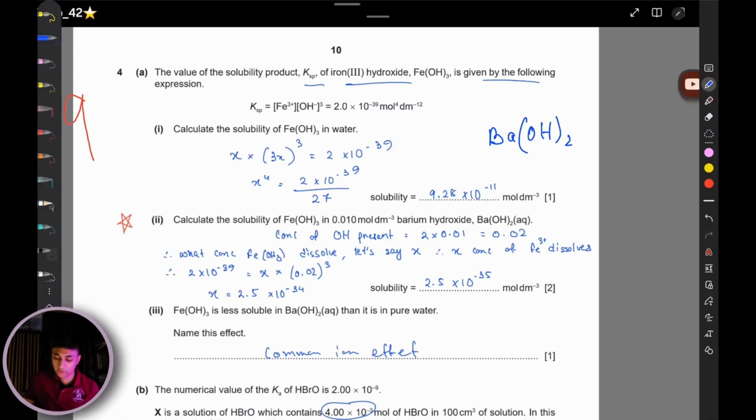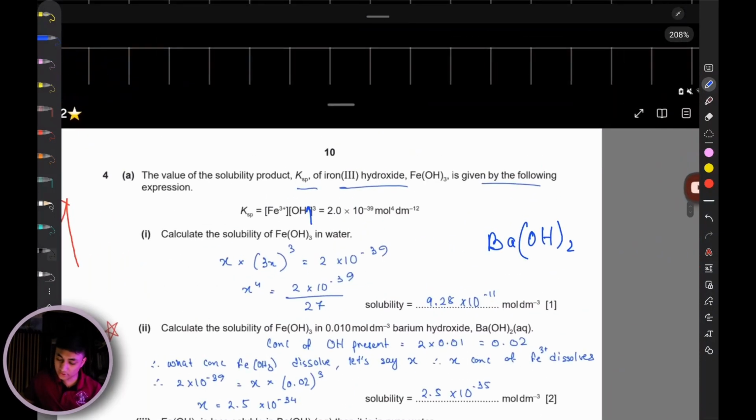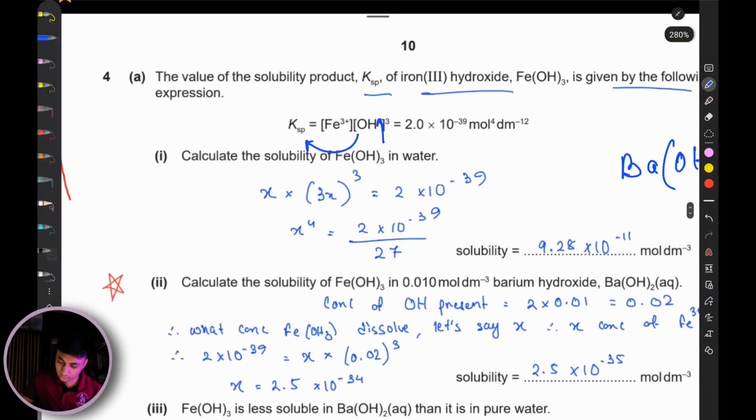Now, what do you know about the Ksp? Since there is a large amount of OH already present in the solution, you would be unable to dissolve as much of the iron hydroxide compound due to the existence of OH ions.